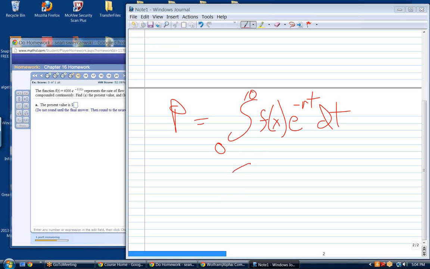Okay, so we've got the integral from 0 to 10 of 4,000 e to the minus 0.01 t. I thought r was supposed to be e to the minus rt.